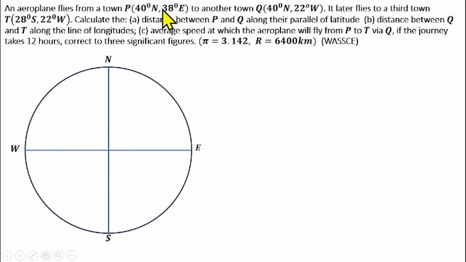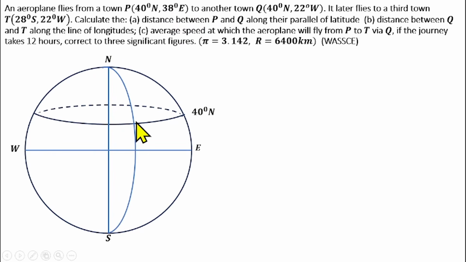Then P and Q are on the same latitude, 40 degrees north, which is a small circle. So if I draw that latitude 40 degrees north, then P is on 38 degrees east of longitude. So I will label that 38 degrees east.